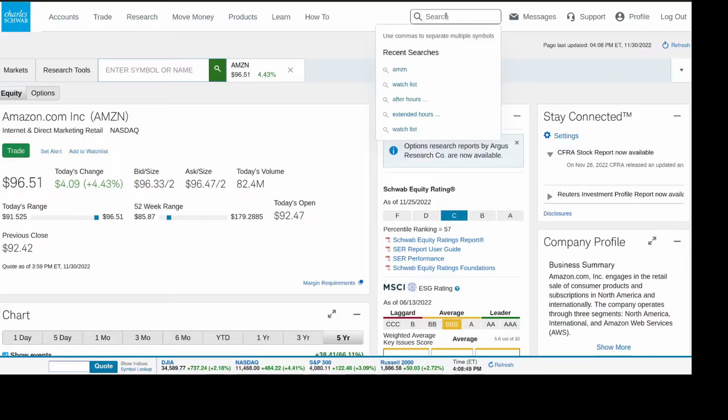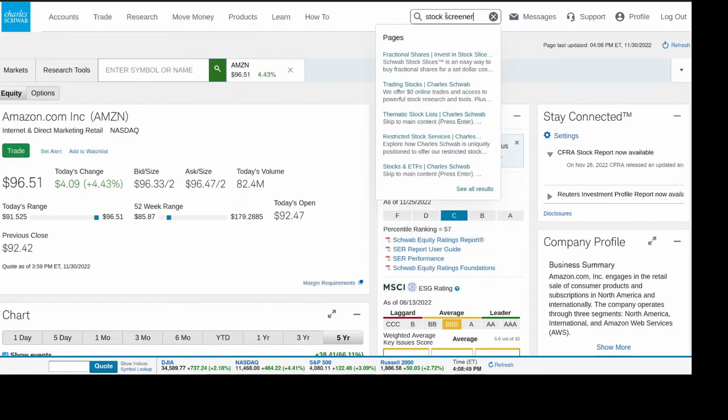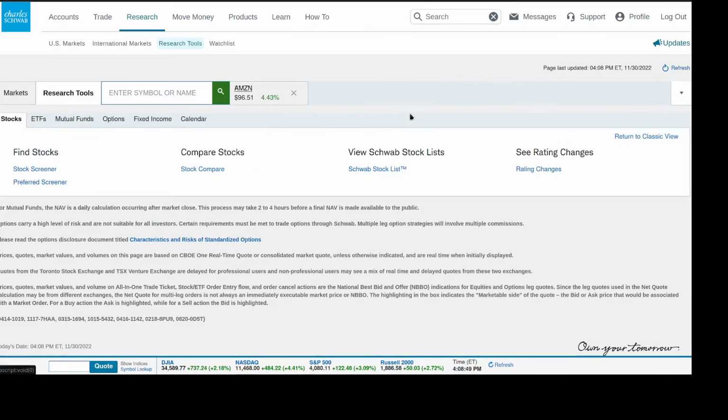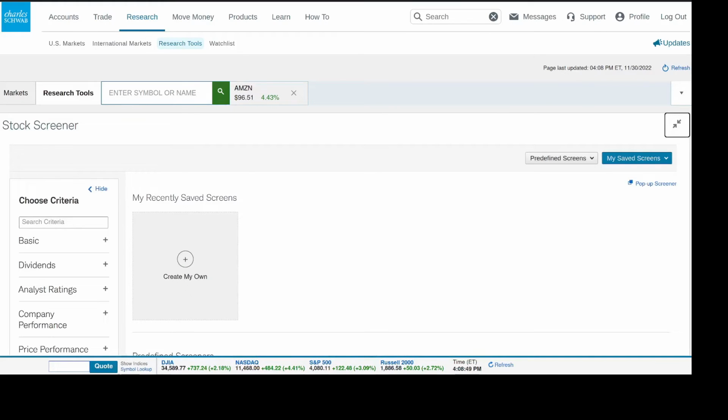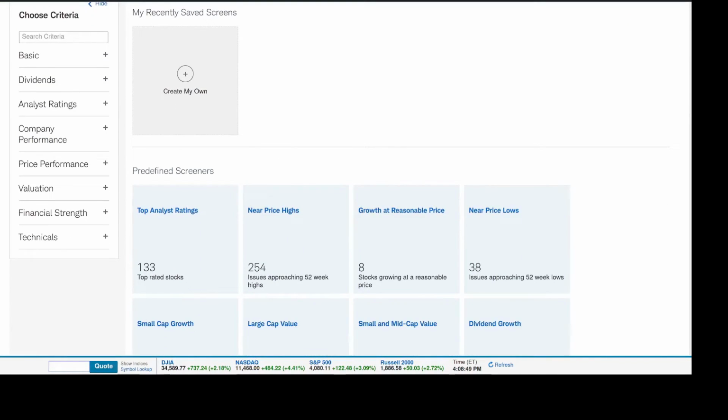Now there's also a stock screener. You can go to their stock screener and research stocks. So you could go to valuation.